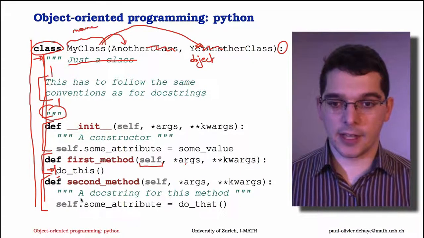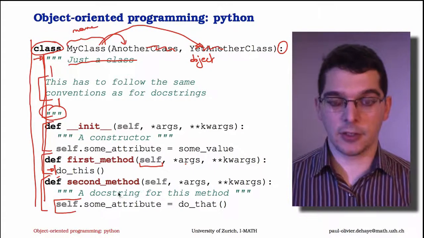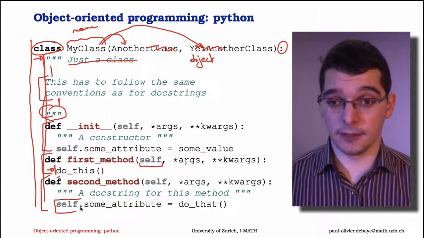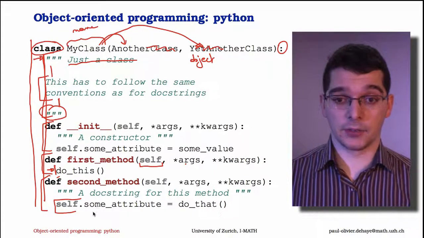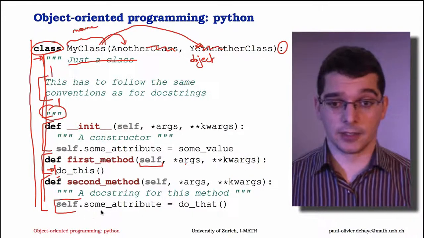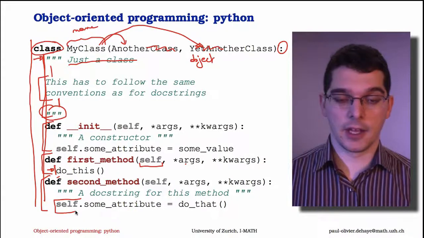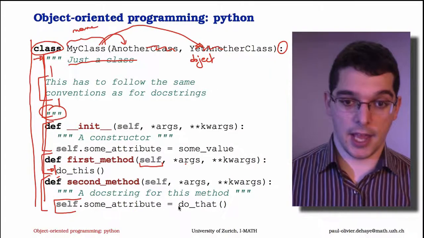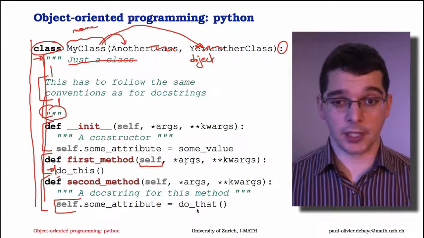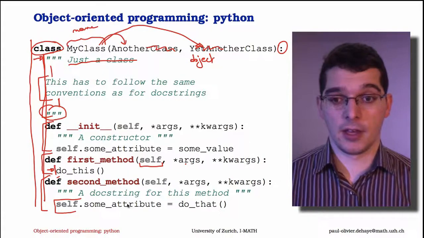And then you see here what is going on with self. Why do you pass self as an argument? Because this allows you to use the object itself to access some attributes of that object. So here, some_attribute is a data attribute of self, and I actually use some other function, or I compute some other expression that I bind to self.some_attribute.